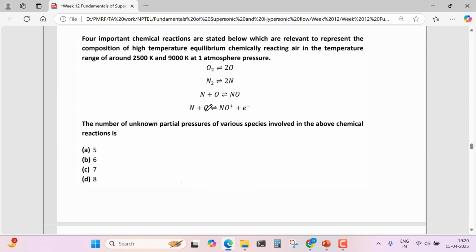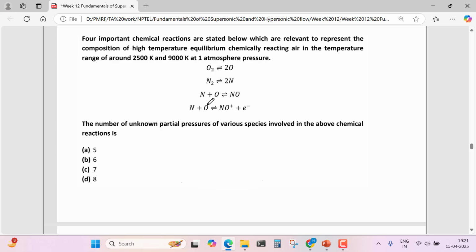Now we will see the next problem. 4 important chemical reactions are stated below, which are relevant to represent the composition of high temperature equilibrium chemically reacting air in the temperature range of around 2500 Kelvin and 9000 Kelvin at 1 atmosphere pressure.